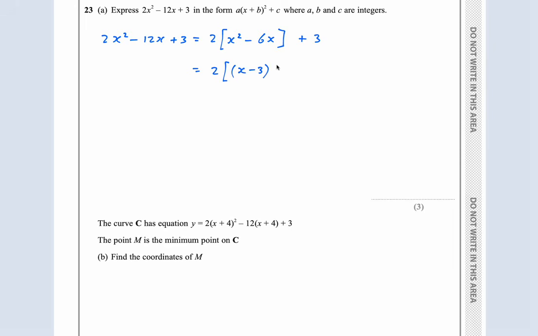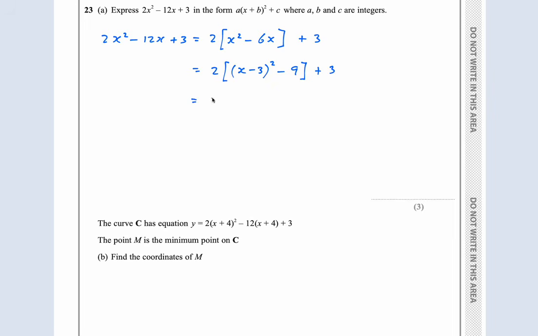I half this squared, so that will give me my x squared minus 6x, and then I have to subtract the 9, because 3 squared is 9, which I've just created, plus 3. Then multiply this out.